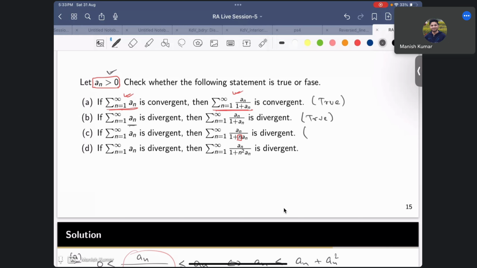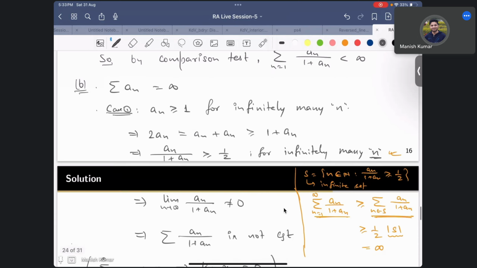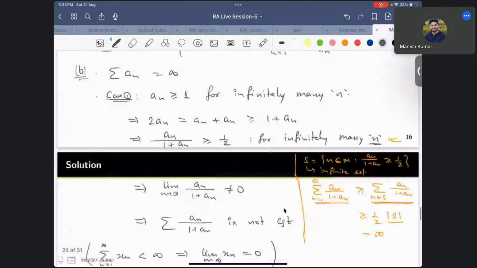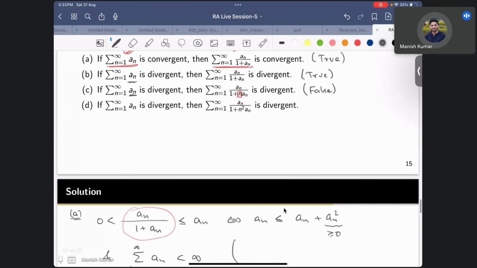So I'll try to find an a_n such that the summation a_n is infinity, but this becomes finite, or convergent. So you have to find a_n such that this becomes infinity, but the advantage you get here is n times a_n.